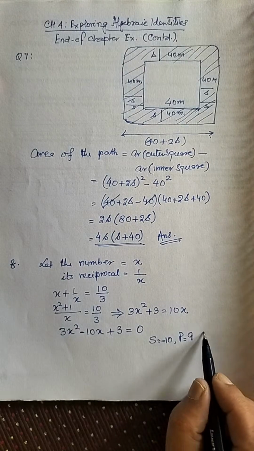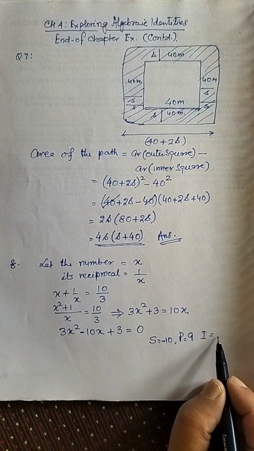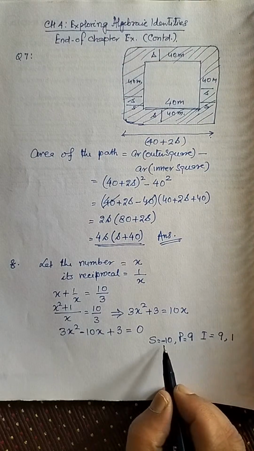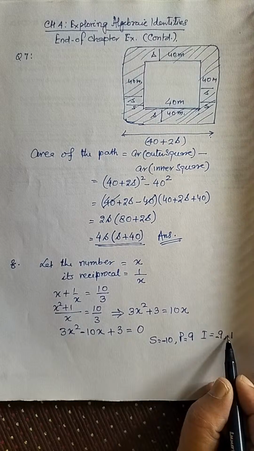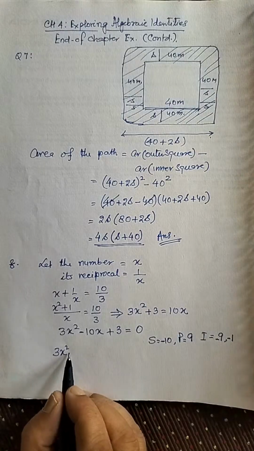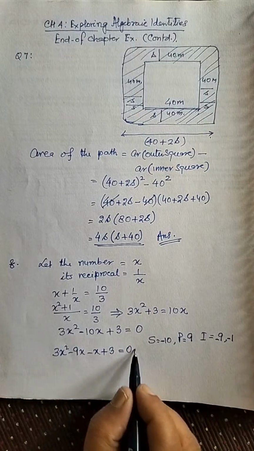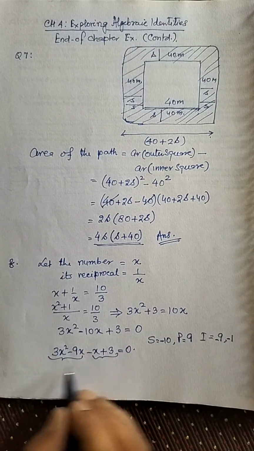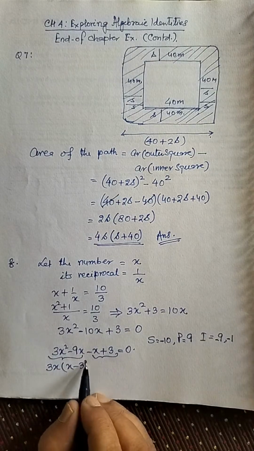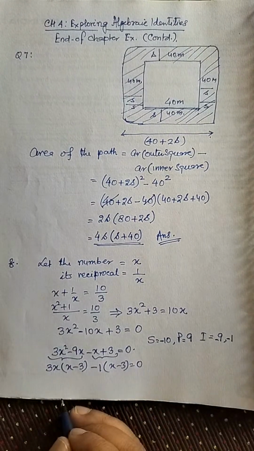So the integers are going to be, for getting minus 10, 9 and 1. Since the sum is negative, both are negative. Now split the middle term: 3x square minus 9x minus x plus 3 equals 0. Group it and take 3x common here, you get x minus 3. Minus 1 common, x minus 3 equals 0.